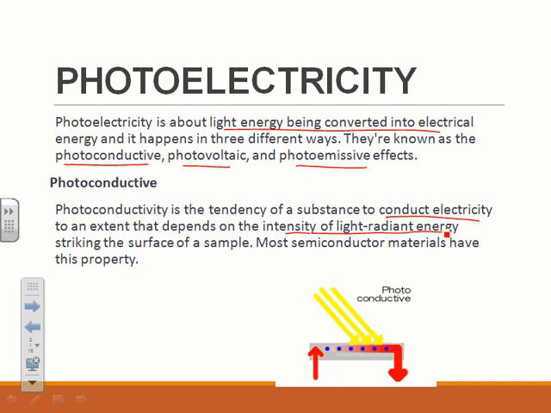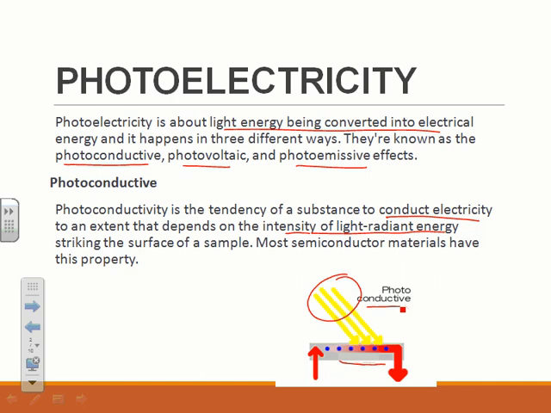So photoconductivity can be defined as the ability of a substance to conduct electricity when light energy strikes the surface of the substance. That means when light energy falls on the surface, the resistivity of the material is increased or decreased corresponding to the intensity of the light.